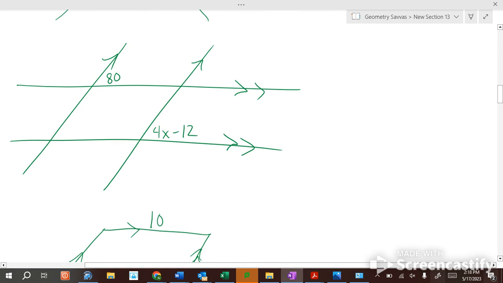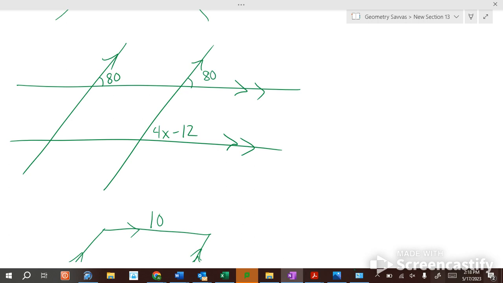If both pairs of those lines are parallel, are we able to figure out what x is? Yes, we are. Because of corresponding angles. Because this angle corresponds to this angle, so what's this angle up here? 80.